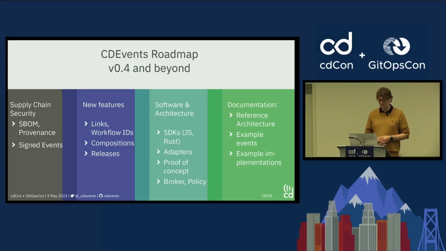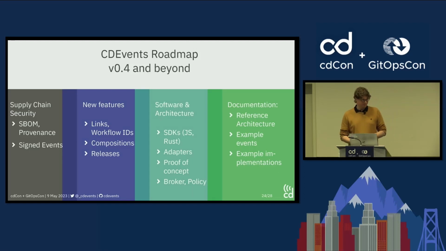In terms of software features, as I mentioned, we want to extend the range of SDKs that we have. We're working on some adapters, like for translating existing events into CDEvents, while CDEvents adoption grows. And we want to build more proofs of concept.